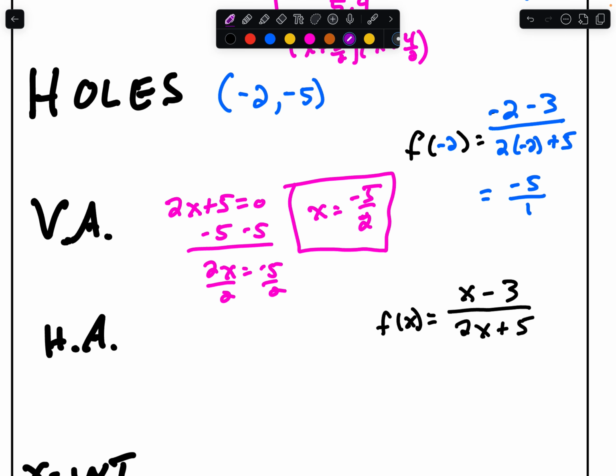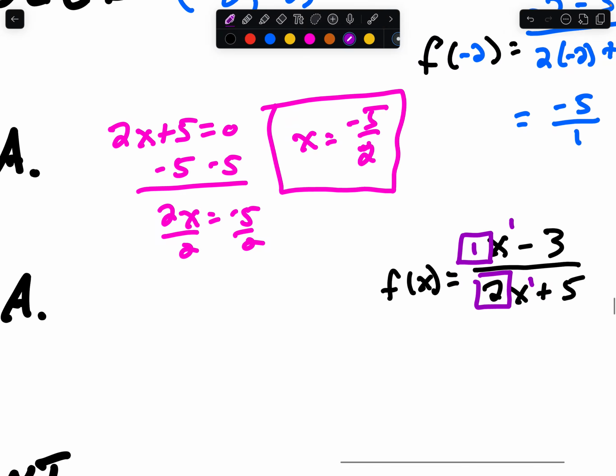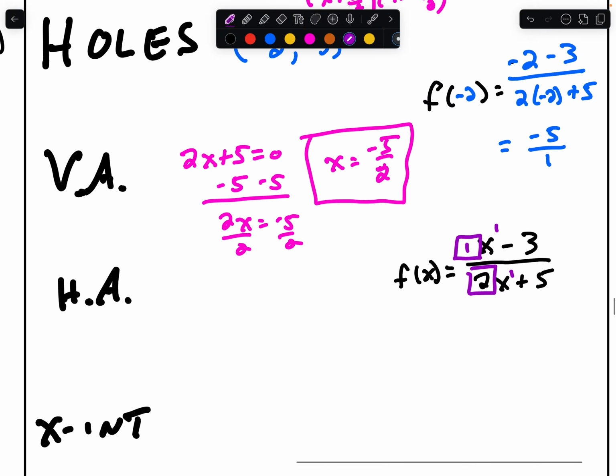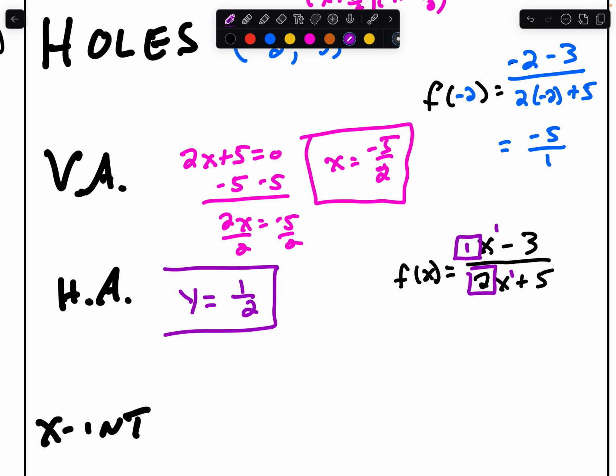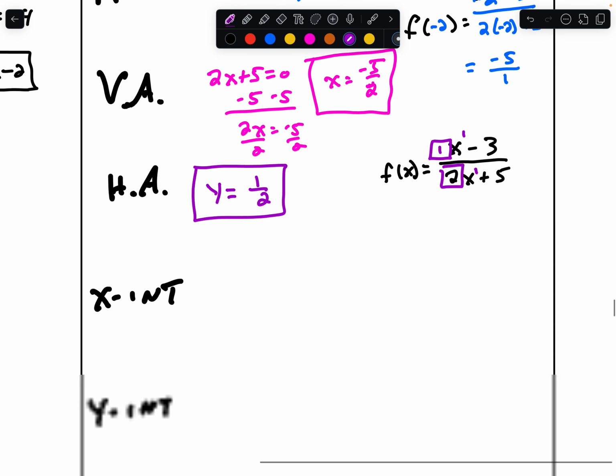And we understand that the power up here is 1, the power up here is 1, so the leading coefficients, 1 over 2, give us our horizontal asymptote. So y equals 1/2 will be our horizontal asymptote. Okay, and now the last two things we need to do is understand what are the x-intercepts and then what are the y-intercepts here.